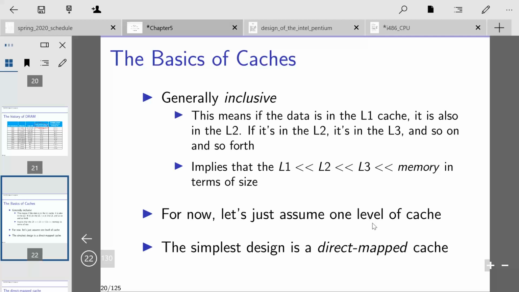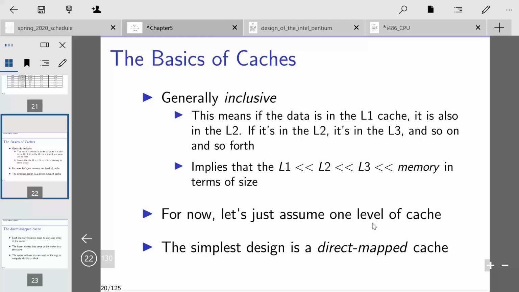We don't worry about the miss rate so much because we know we have a level 2, which reduces our miss penalty of the level 1. I'll talk more about that as time goes on. Let's just look at a simple direct mapped cache. I'll talk about what direct map means in a second.